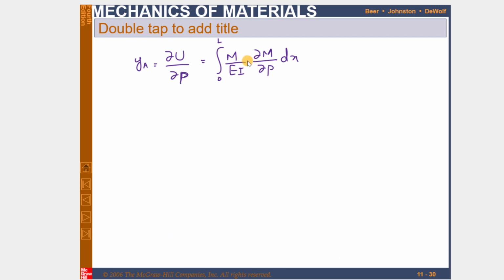Now I will write it again. M is equal to minus P into X plus Wx square over 2.